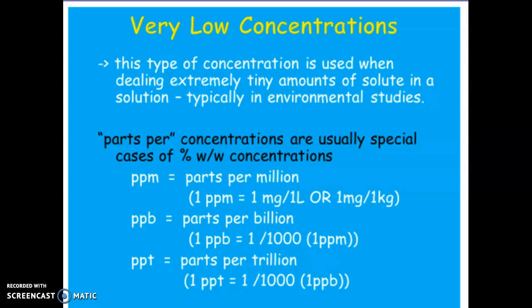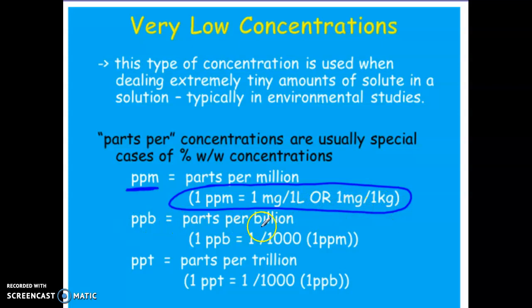Remember, we're looking at very, very small quantities of solute. So 1 part per million translates into one of 2 ratios: either 1 milligram for every liter, if you're dealing with a liquid solution, or 1 milligram per kilogram of solution. So it depends on what you're given for the ratio here.